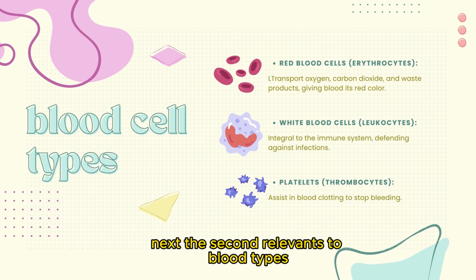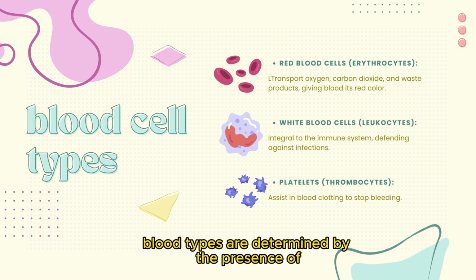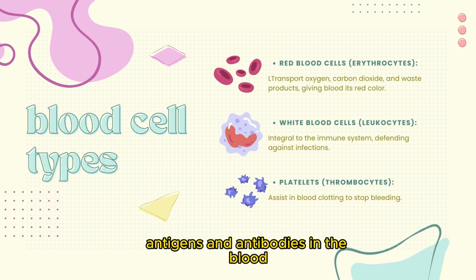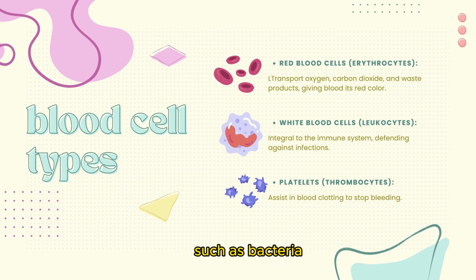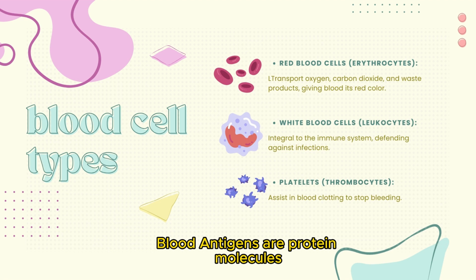Next, the second topic: the relevance to blood types. Blood types are determined by the presence of antigens and antibodies in the blood. Antibodies are part of the body's natural defense against harmful foreign substances, such as bacteria, and are found in the plasma. Blood antigens are protein molecules located on the surface of red blood cells.